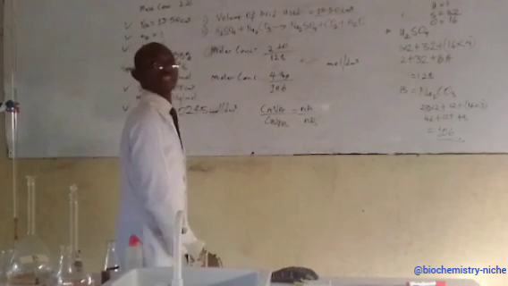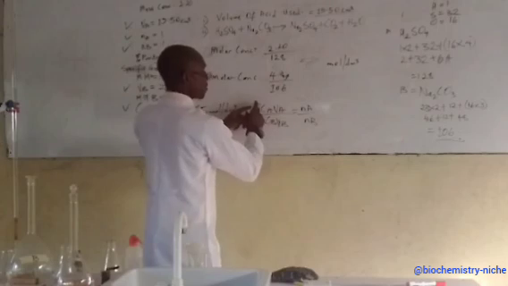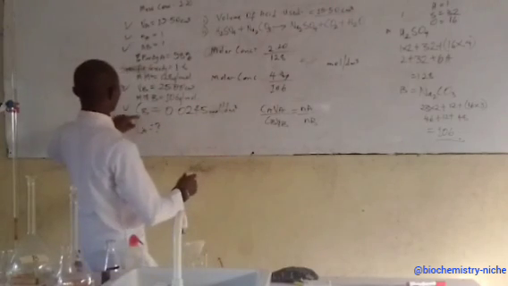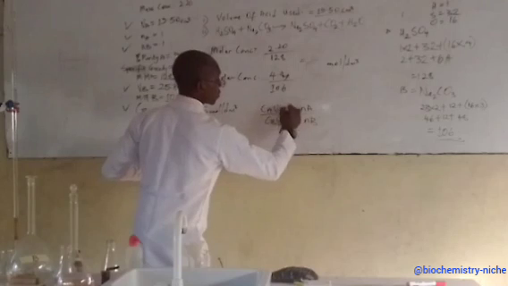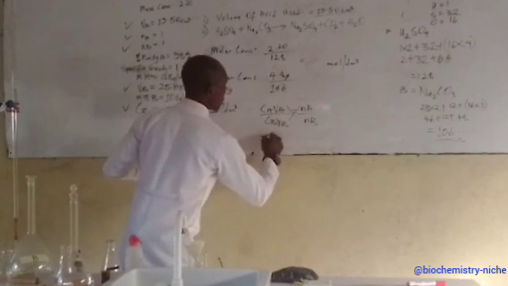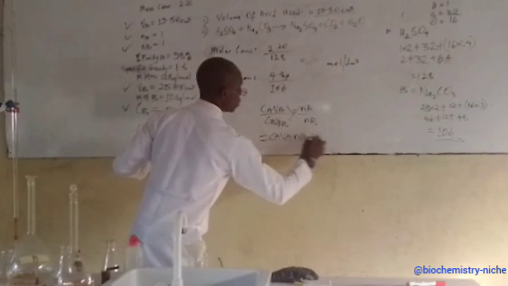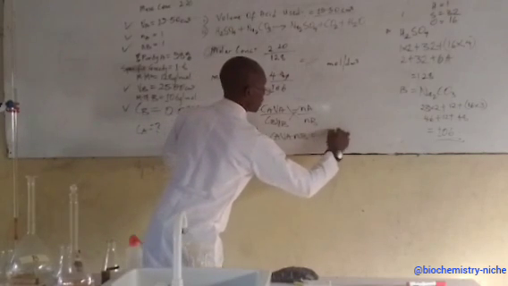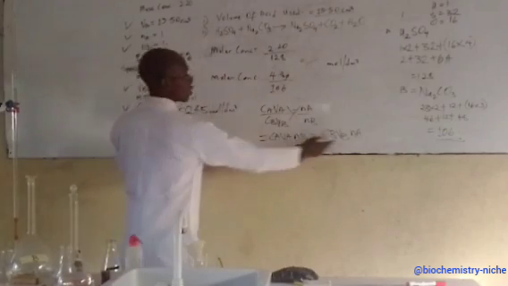The CA is what we are looking for, so we first of all cross multiply to have CaVaNb equals CbVbNa.